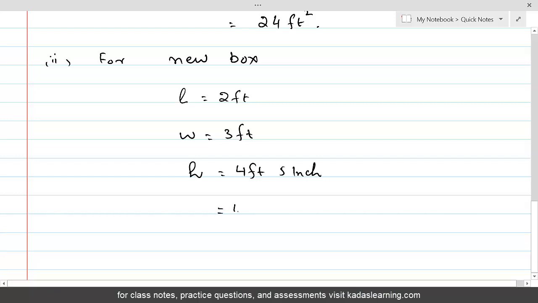Therefore, this would be 4 feet plus 5 over 12. This is for converting inches into feet.